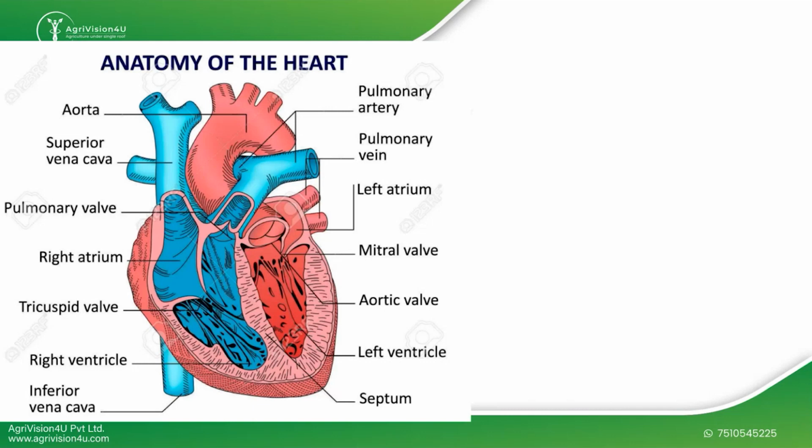The right ventricle is exactly the opposite. The heart has a pacemaker, which is known as the sinoatrial node, that produces cardiac impulses, and the atrioventricular node conducts the impulses to the ventricles.